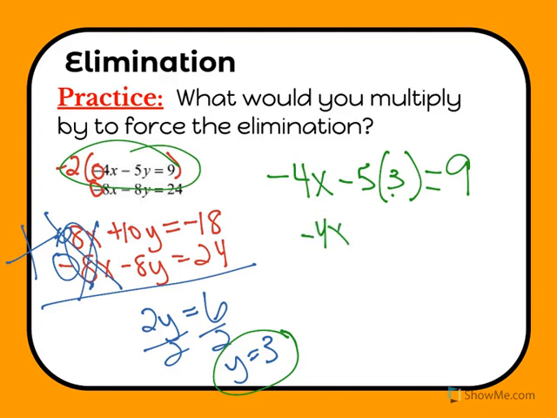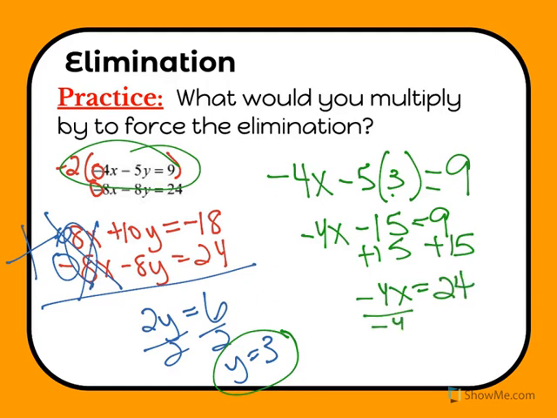So negative 4x minus 15 equals 9. Add that 15. Negative 4x equals 24. Divide by negative 4. X equals negative 6. So our answer is the point (-6, 3). Because remember, the first number is always our x, not the first number we found, but always our x goes first. So (-6, 3) is our answer.